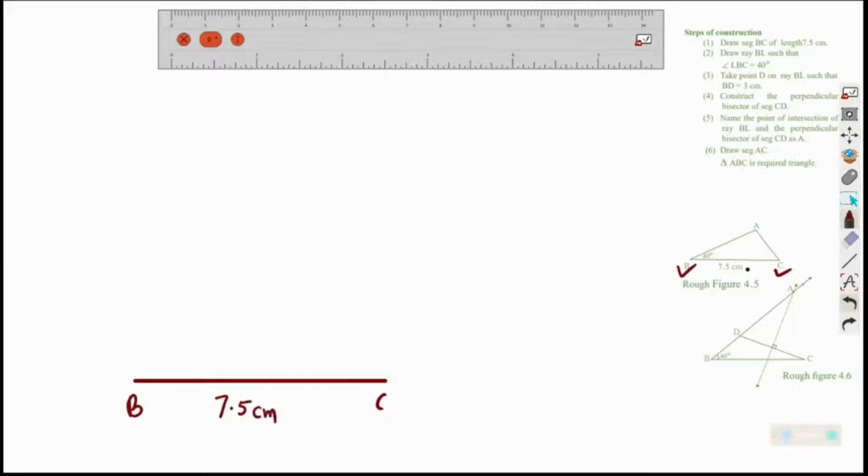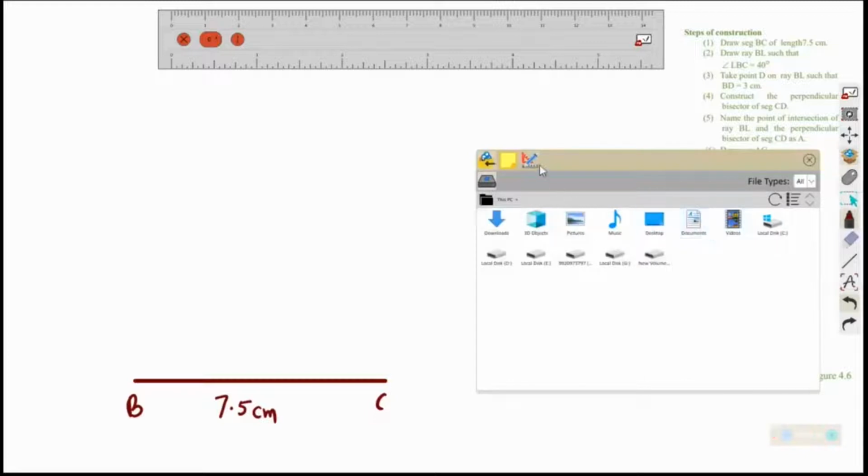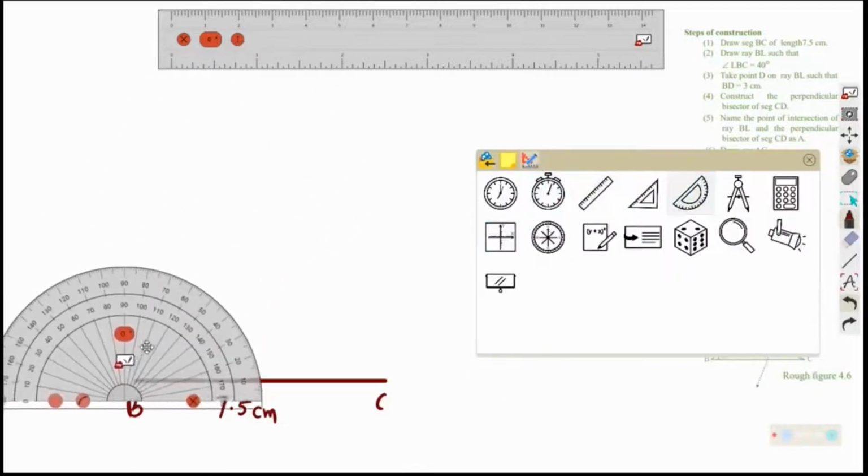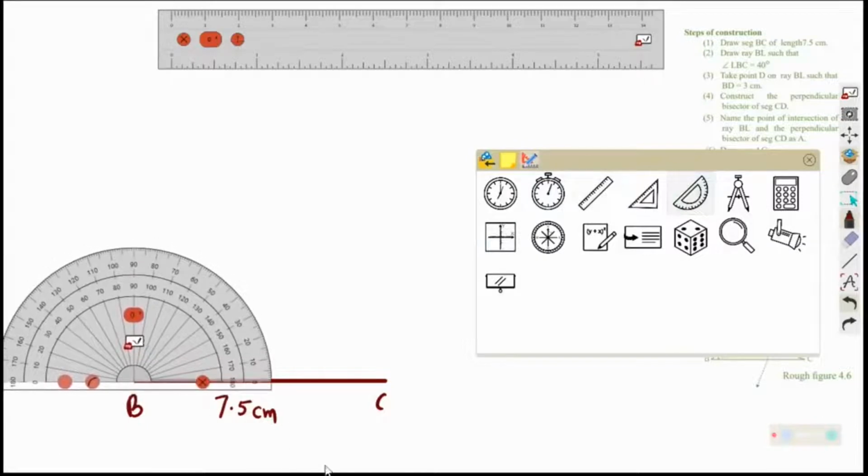The next step is measuring an angle of 40 degree. For that, I need the protractor from the magic box, I would say. So the magic protractor will come, and we will mark 40 degree. After keeping the protractor properly, it should be very perfect, otherwise the answer will go wrong.